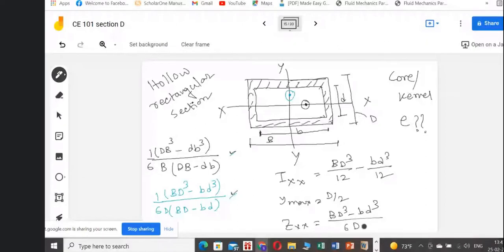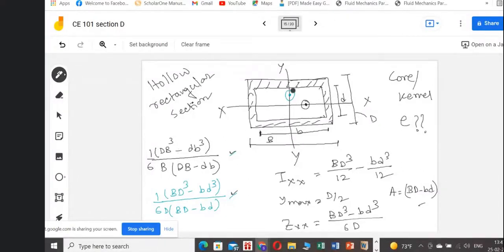This is our Z max, and the area is BD minus bd. So he has just divided this portion by this, and that is Zx.